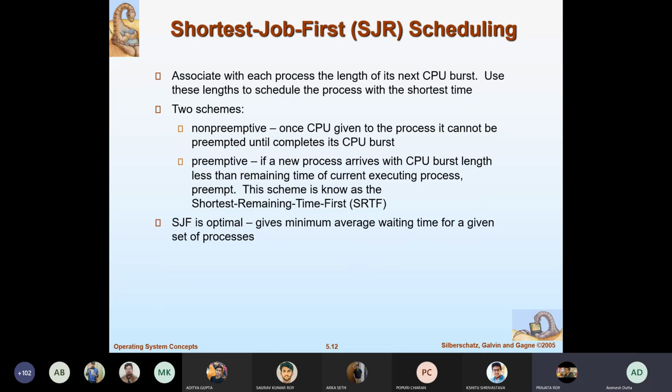Now listen carefully. Shortest job first is a scheduling algorithm. Shortest job first is a scheduling algorithm which chooses the job whose burst time is the minimum one.